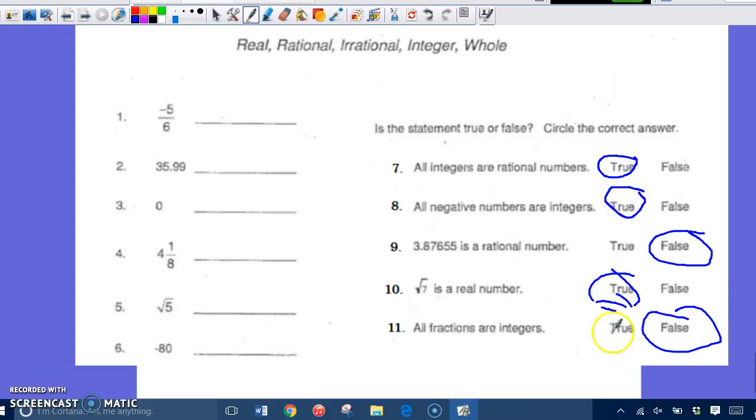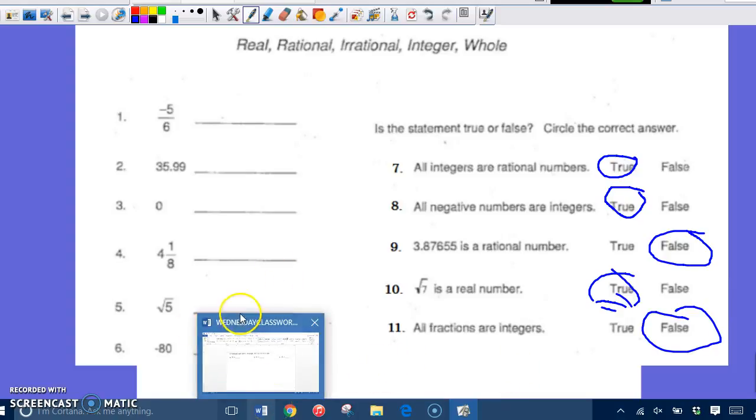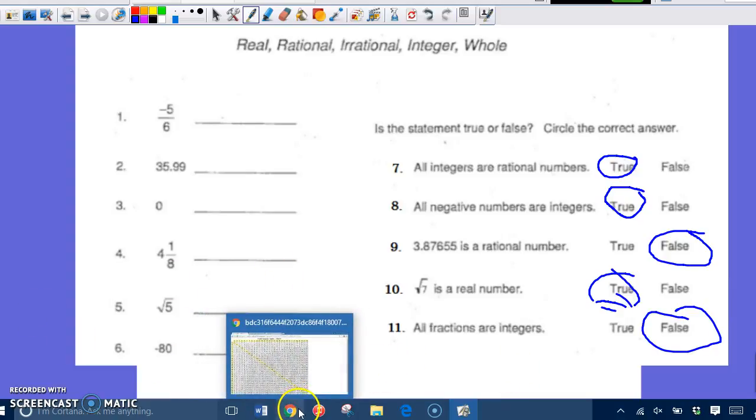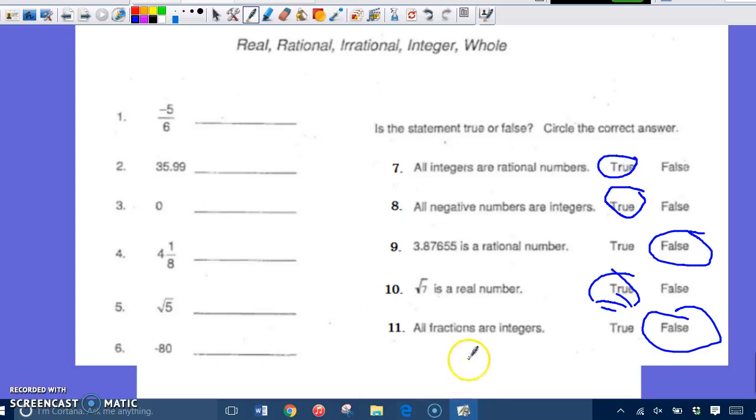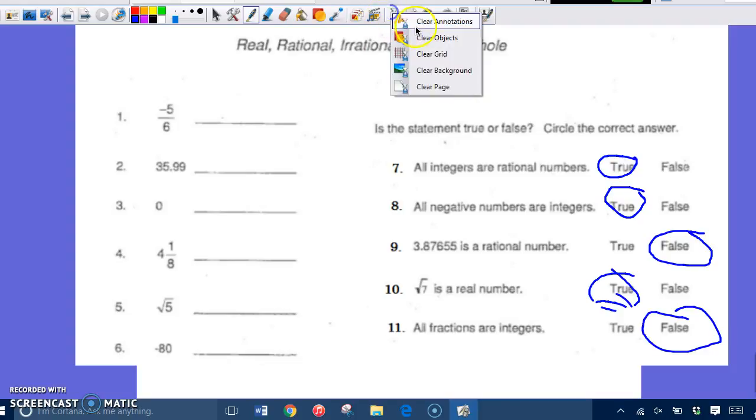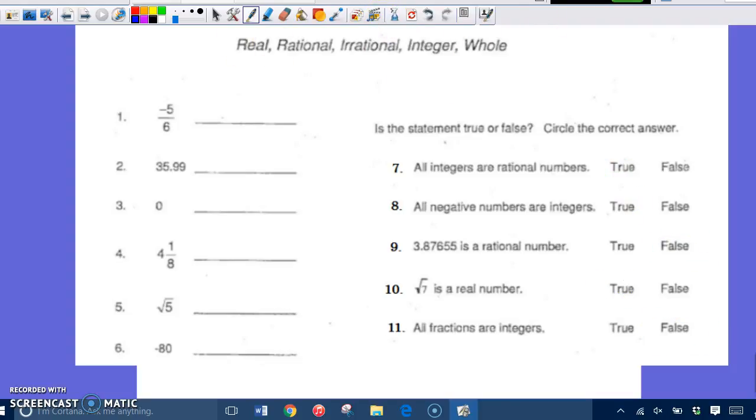All fractions are integers. False. No fractions are integers. Okay. So you can have negative fractions, which you think would be on a number line, but technically we don't call them integers. Very interesting. I always have to double guess myself when it comes to completing that one.